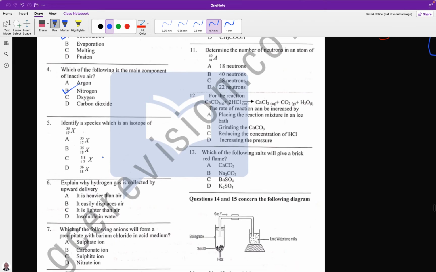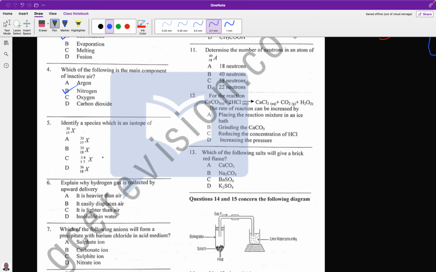And number 5, identify a species which is an isotope of 35 17 X. First of all, you must know the definition of an isotope. Isotopes are atoms of the same element having the same proton number, or atomic number, but different mass number. The difference in their mass number is a result of differences in the number of neutrons.